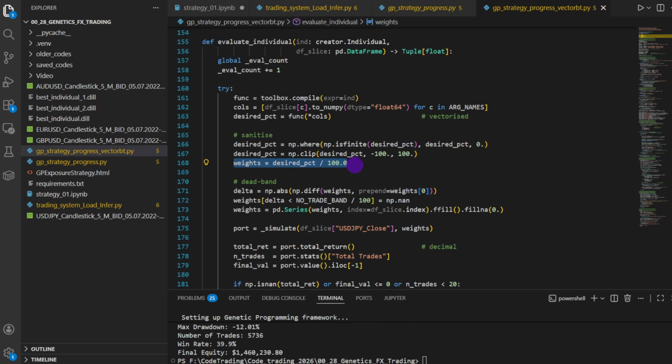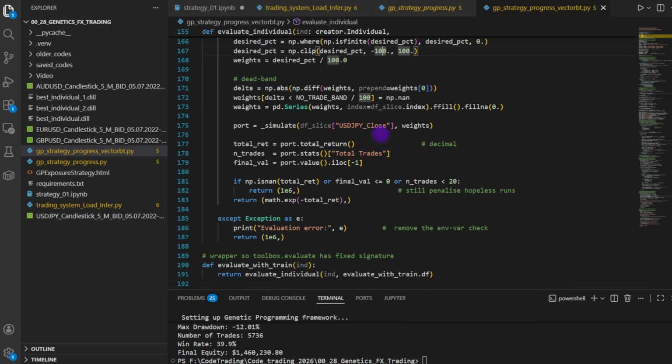This number represents the desired position size. +100 means fully long, or +1 means fully long. -100 means fully short. 0 means no position. So we convert this into portfolio weights between -1 and 1.